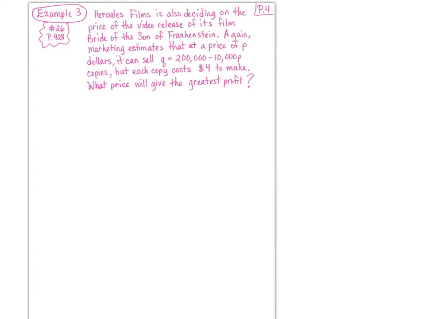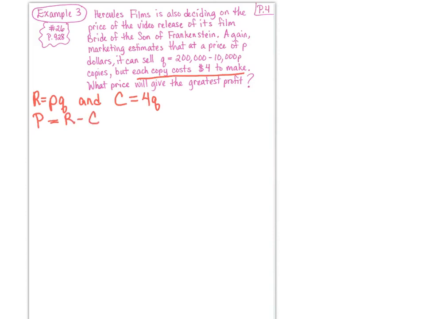Hopefully you've taken some time to do that. Now let's start out with it. We want to know what price will give the greatest profit. Remember, revenue is equal to P times Q, and it costs $4 to make, so our cost is 4 times Q. Our profit is equal to our revenue minus our cost.